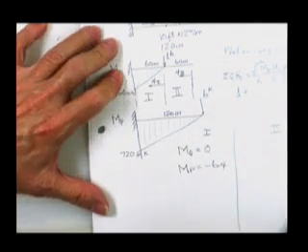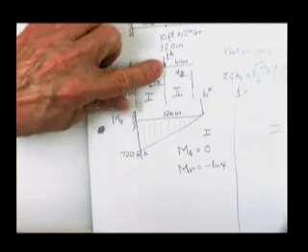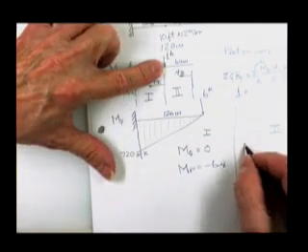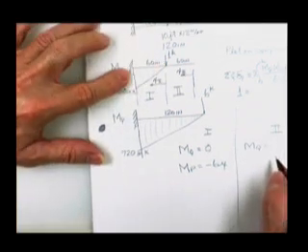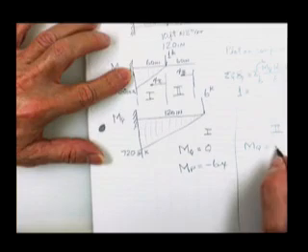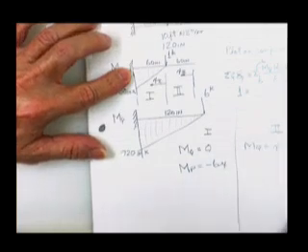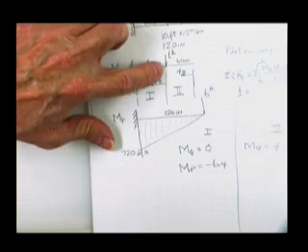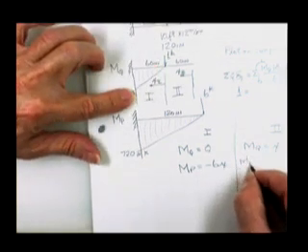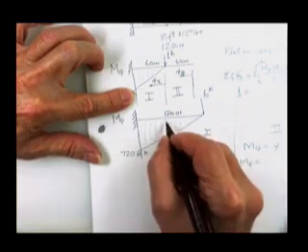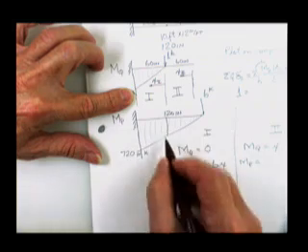Now I'm going to do region 2. In region 2, m sub q is equal to x, 1 times the distance, and for m sub p, got to start here.